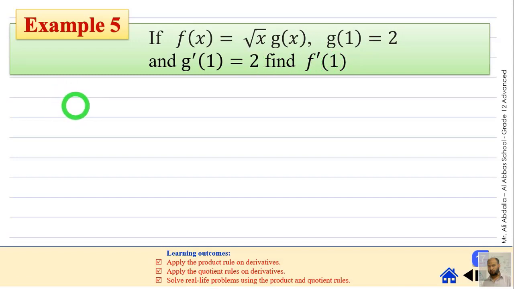First, rewrite f(x) equals x to the power 1/2 times g(x). Then we can apply the product rule.